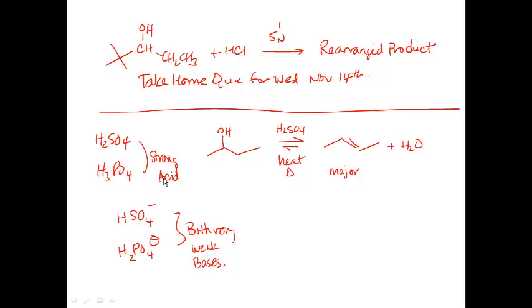There's another reason though, and that is that if we look at this equilibrium, and this is the equilibrium that you would have for an acid dissociating into its conjugate base and then freeing up H+, the more this equilibrium is shifted to the right, the stronger the acid you have.